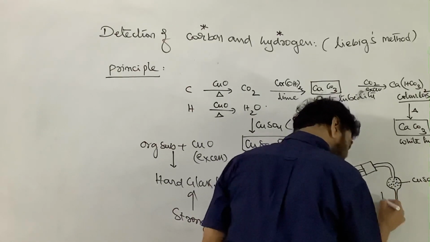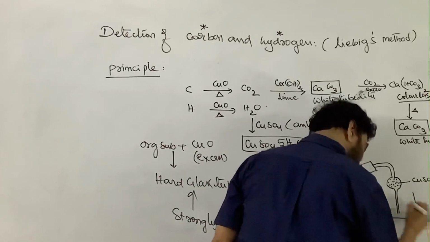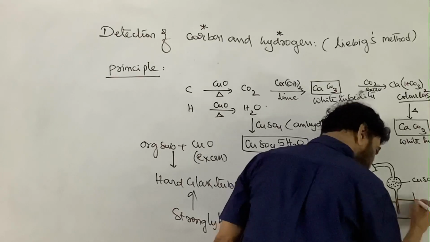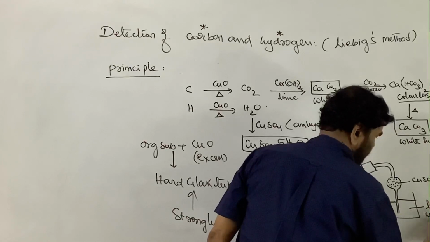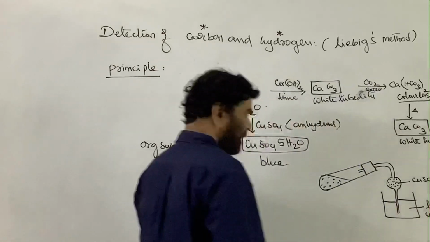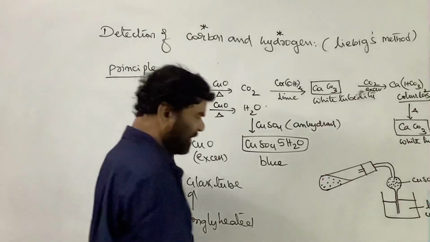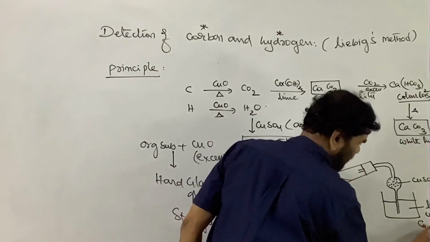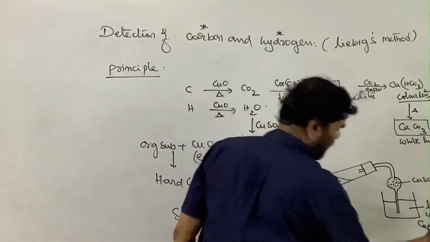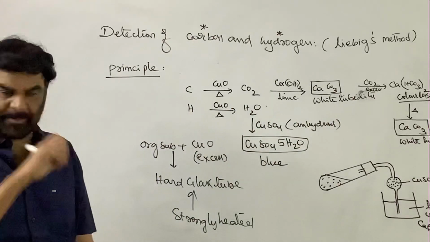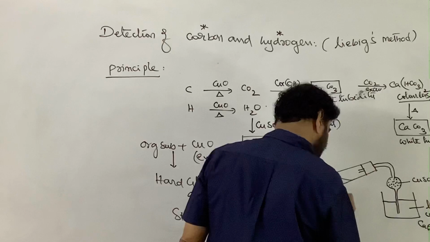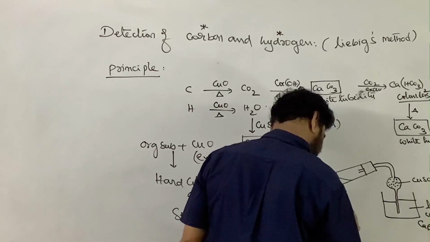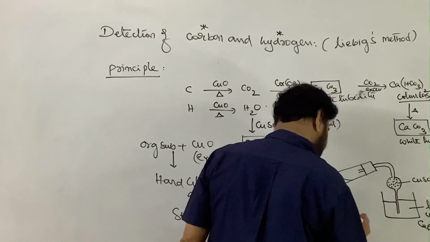The gas is sent into the test tube or beaker containing the lime water, which is nothing but calcium hydroxide. Or instead of lime water, you can take barium hydroxide solution also. So this is heated. This is the Bunsen burner.